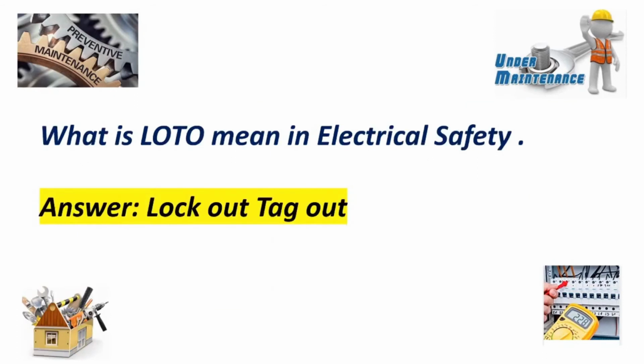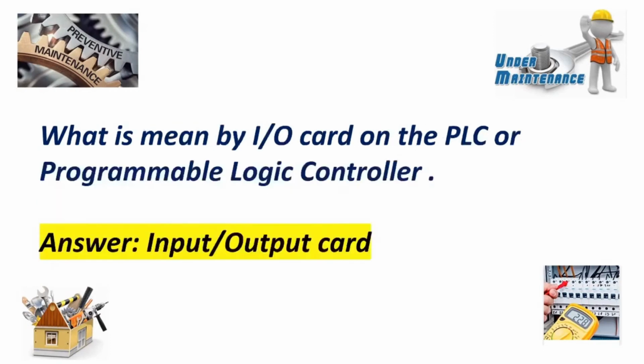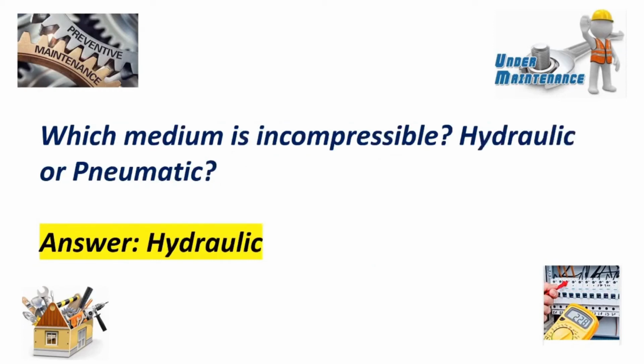What does LOTO mean in electrical safety? Answer: lockout tagout. What is meant by I/O card on the PLC or programmable logic controller? Answer: input-output card. Which medium is incompressible, hydraulic or pneumatic?